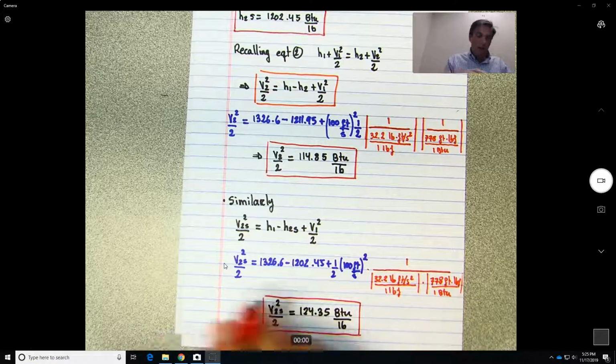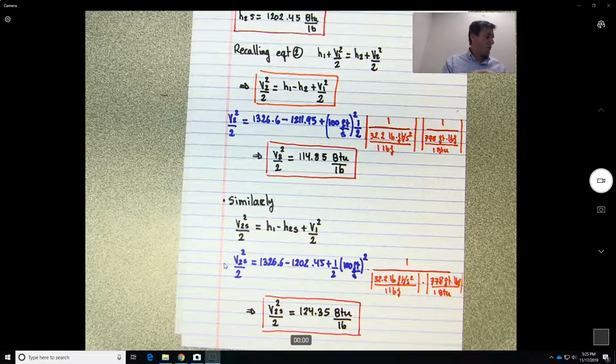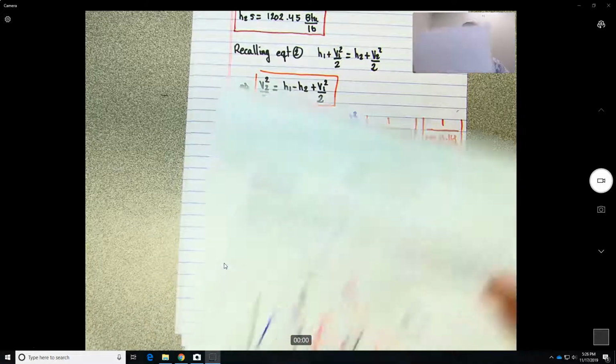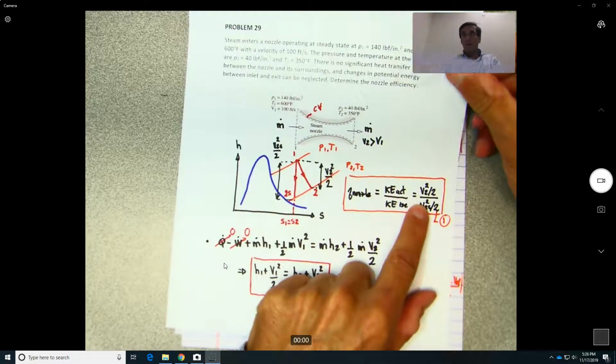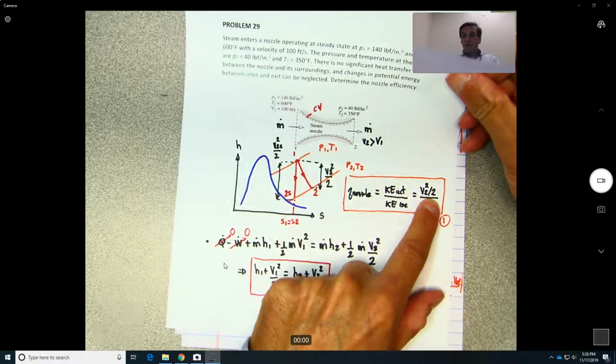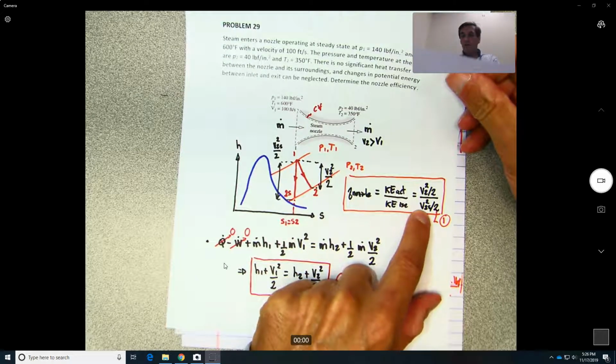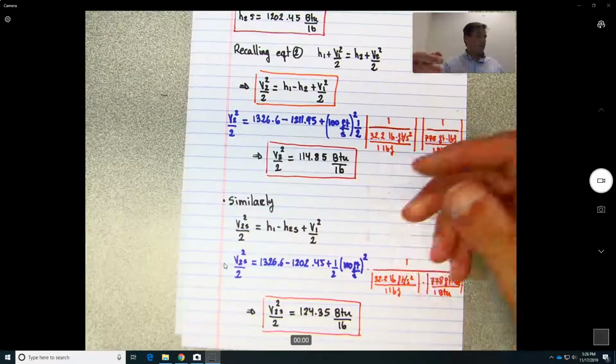Alright, so basically now we are done, because in order to find the efficiency, what is the relation we had? It is the actual V2 squared over 2 divided by the isentropic V2 squared over 2.